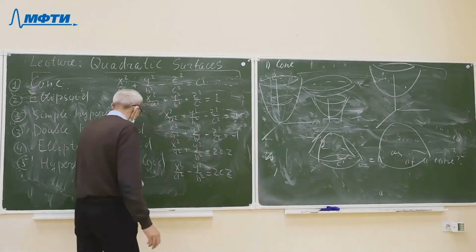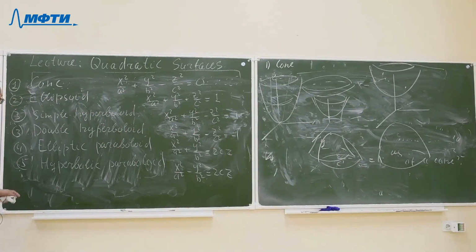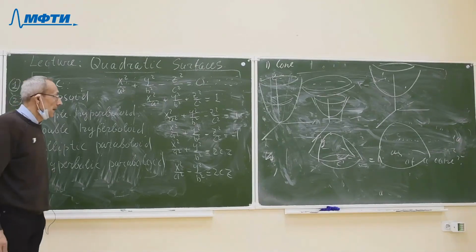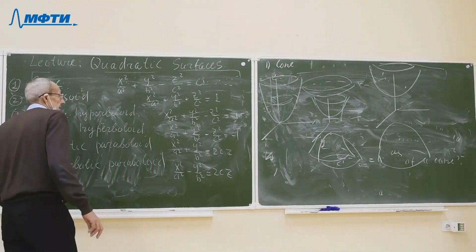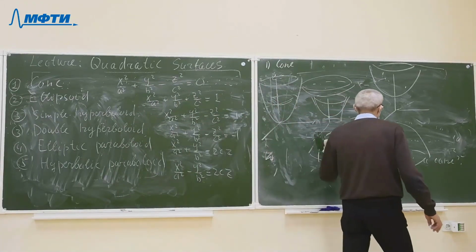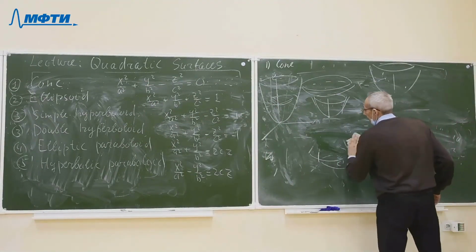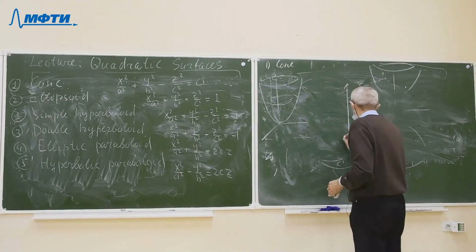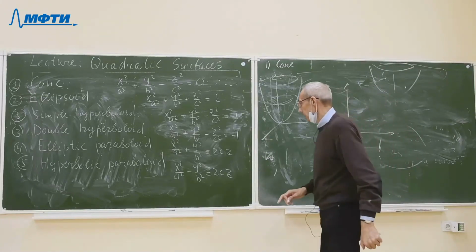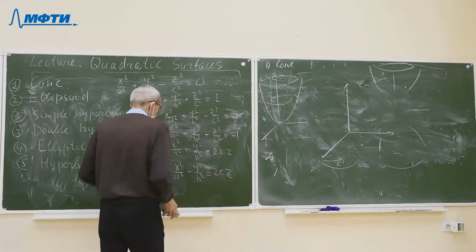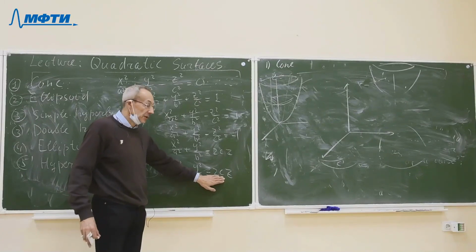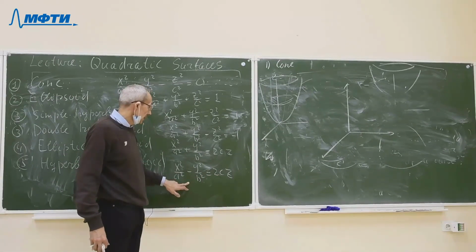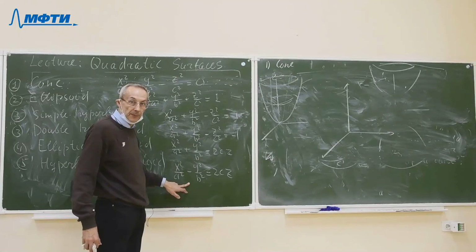And the last surface, the hyperbolic paraboloid, or in other words, the saddle. What is the form of the last surface? It is easy to see. If z is equal 0, we obtain two intersecting straight lines.